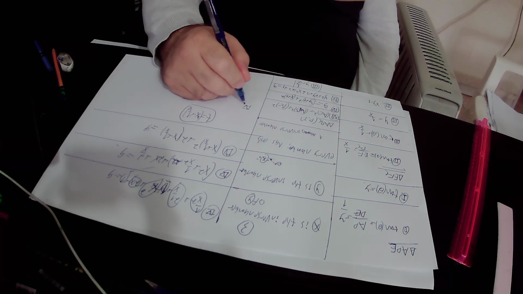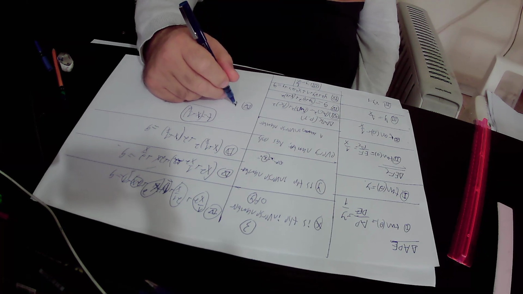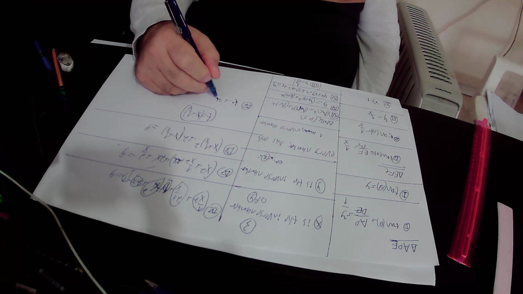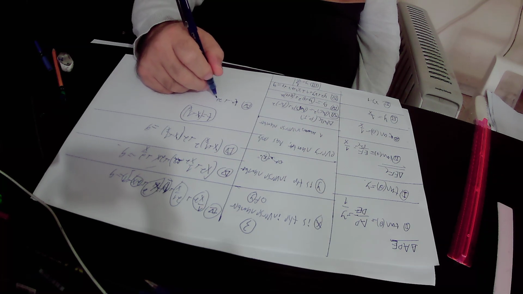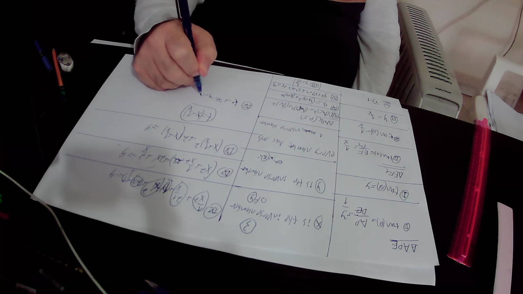We'll do it now, and we will get t squared plus 2t minus 9 equals 0.